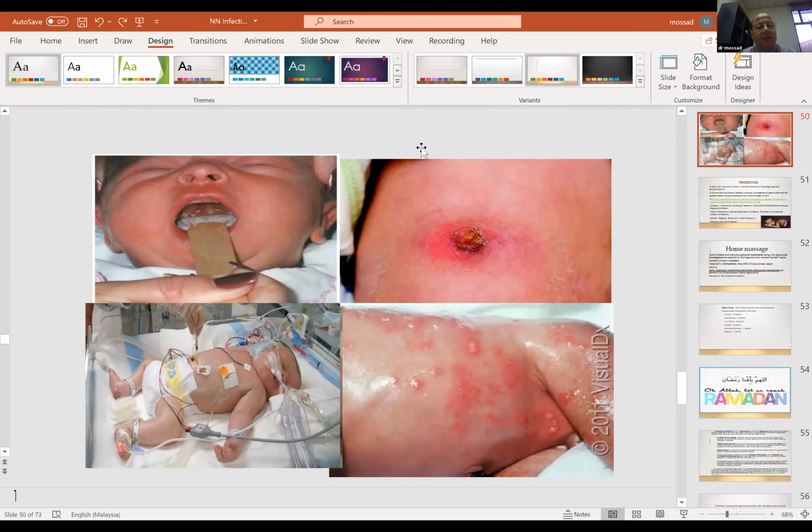But take care, prolonged unneeded antibiotic can cause more resistance and more fungal infection. Is it clear? Yes, doctor. Thank you, doctor. You are welcome. Any other questions?